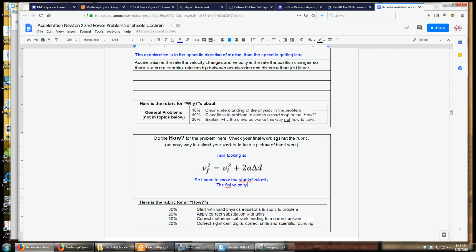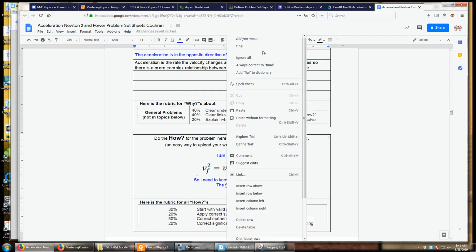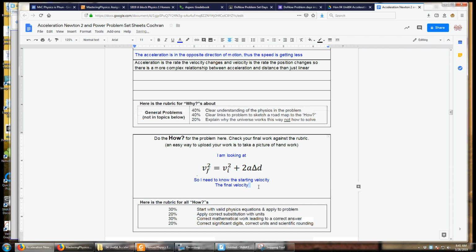Helps if I can type. And maybe the acceleration or the displacement.